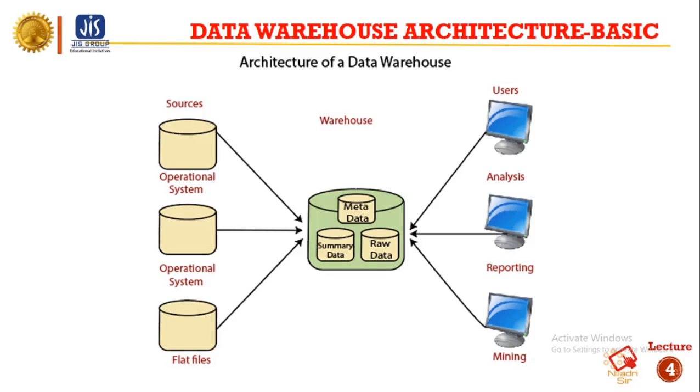Now, what are flat files? A flat file system is a system of files in which transactional data is stored, and every file in the system must have a different name.